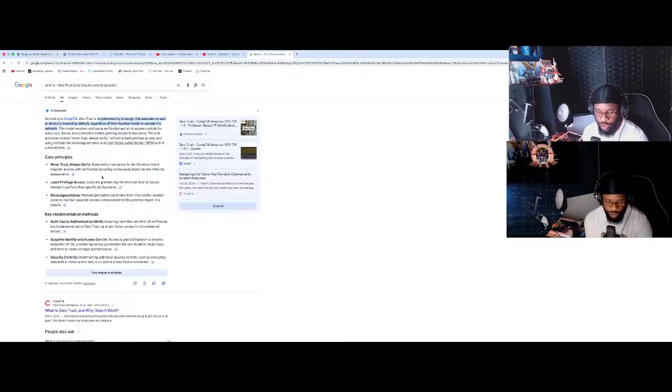You might have finance in one part, engineering in another part, HR in another part, marketing, right? So you have to segment the access that these different departments need into little pieces.